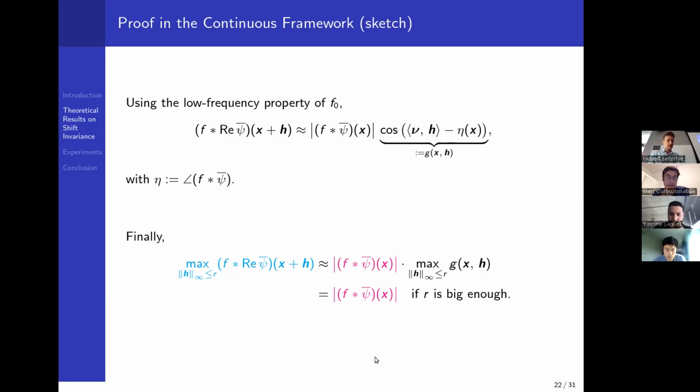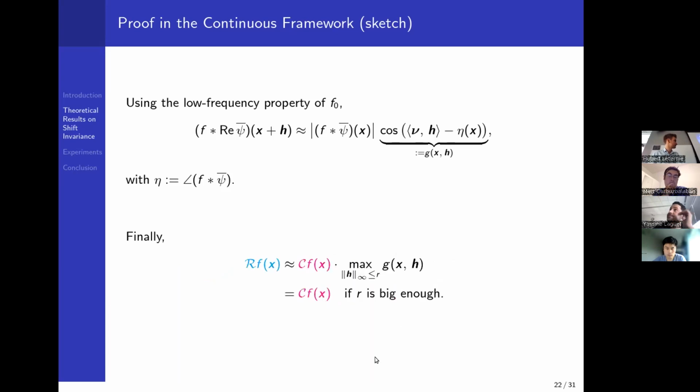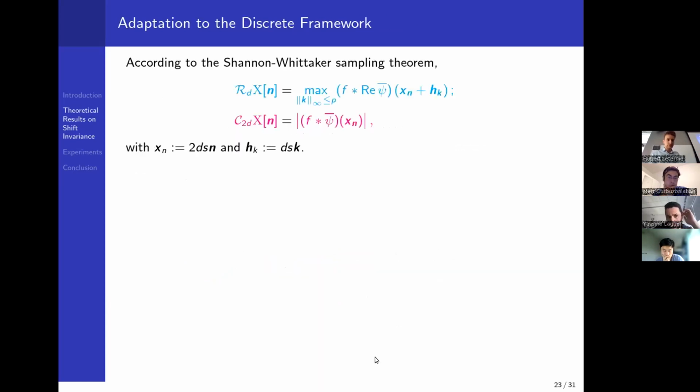Now the question is, how do we transfer this to the discrete framework? So this is the continuous framework, and now let's move to the discrete framework. So according to the Shannon-Whittaker theorem, as I showed before, the outputs of the Rmax and Cmod operators can be expressed in the continuous framework like this.